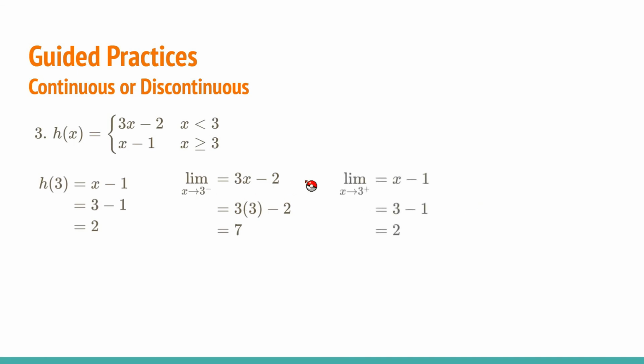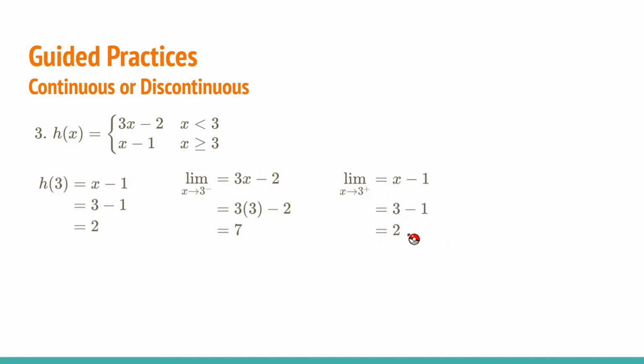Next, from the right, this time we'll use x minus 1 since we'll have to use a value that's greater than 3. And it will give us 2. 3 minus 1, that's simply 2.